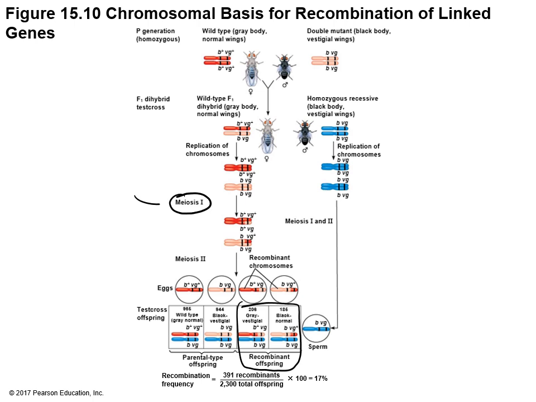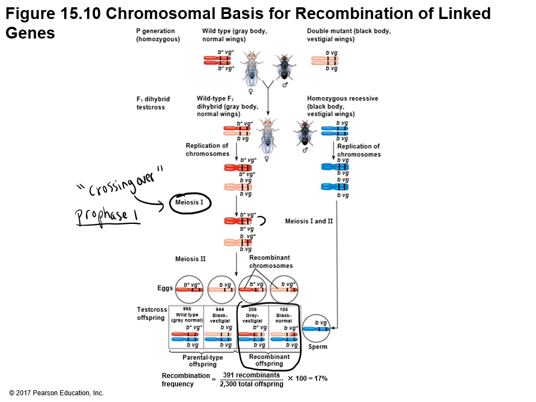So crossing over happens in meiosis 1. And more specifically, crossing over is going to happen in prophase 1 of meiosis 1. So what happens in prophase 1? Crossing over.